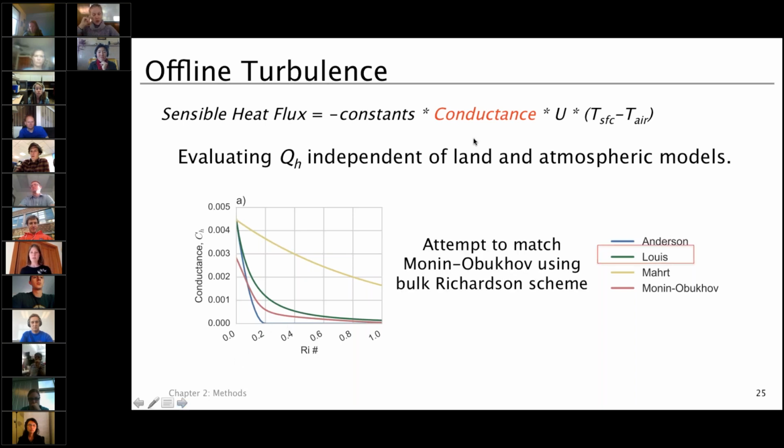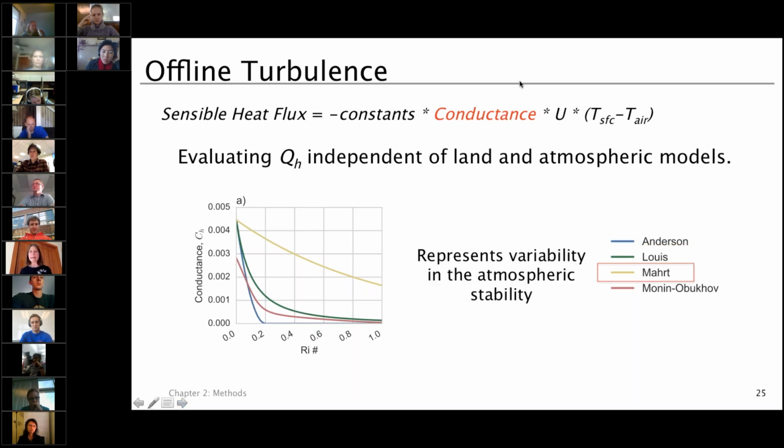No more turbulence. Now, the Louis scheme was an attempt to match the Monin-Obukhov scheme using the bulk Richardson scheme. So basically, they did a lot of numerical approximations and asked, is there an easier way that we can come up with an equation that will kind of look like the Monin-Obukhov, which is computationally hard? You can see the green line and the pink line are somewhat similar to each other on the graph here. The Mahrt scheme is supposed to represent variability in atmospheric stability.